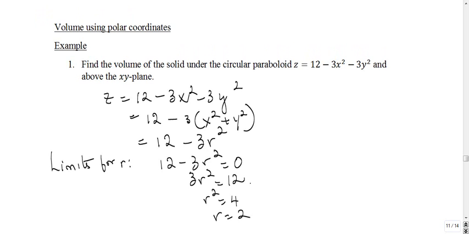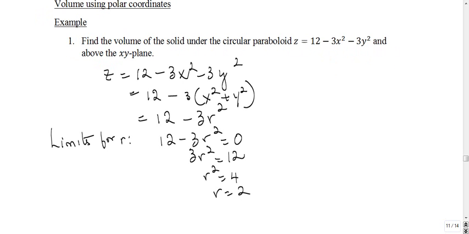And what do you think theta is? It's very obvious. Theta can just be one thing. What is it? It's the entire circular. Look at the question. Under the circular paraboloid. So they didn't tell you part of the paraboloid. The entire circular. So what is it? 0 to 2 pi.